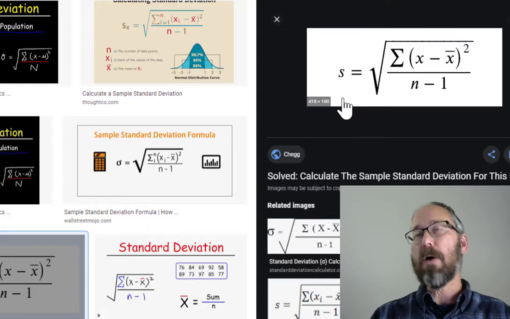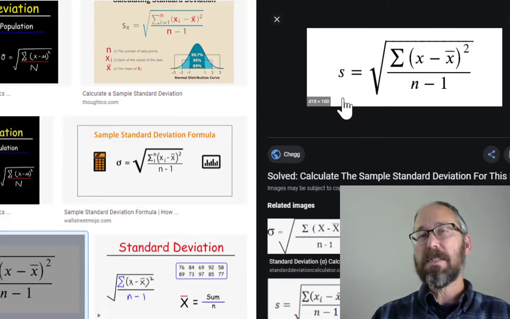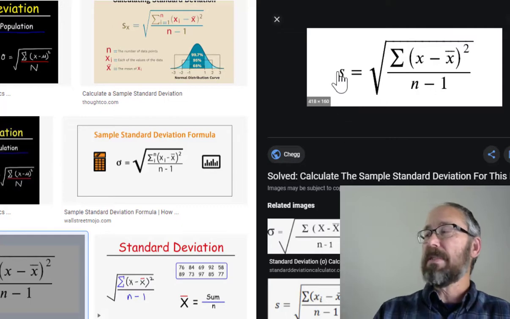When we're talking about descriptive statistics for the population, we're going to be using Greek letters. So we know this is the standard deviation for the sample because it's using a Roman letter, our normal alphabet. And the difference is that here it says n-1.